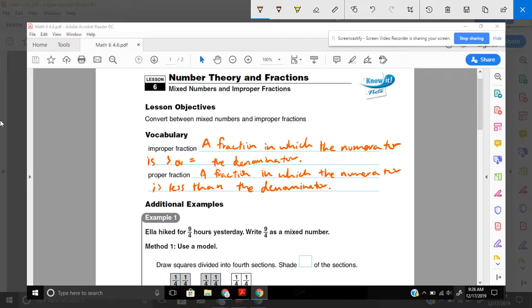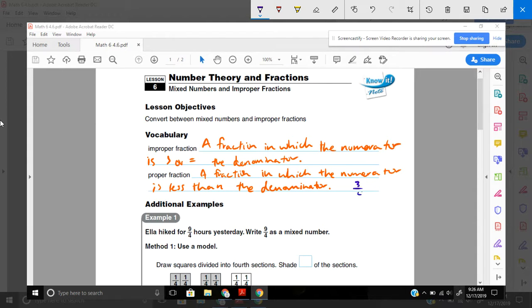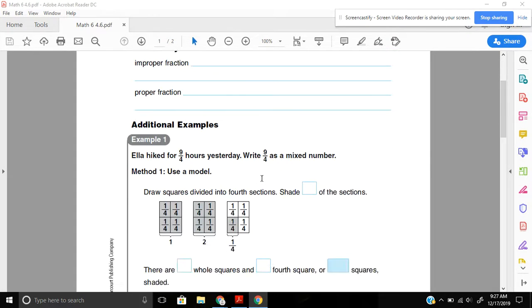An example of that would be like 3/4. 3 is less than 4. A numerator that is greater than the denominator, that would be like 5/4, an improper fraction. Okay, so that's the difference. And I think most of you have a decent understanding of that. Let's see what it looks like in an example.